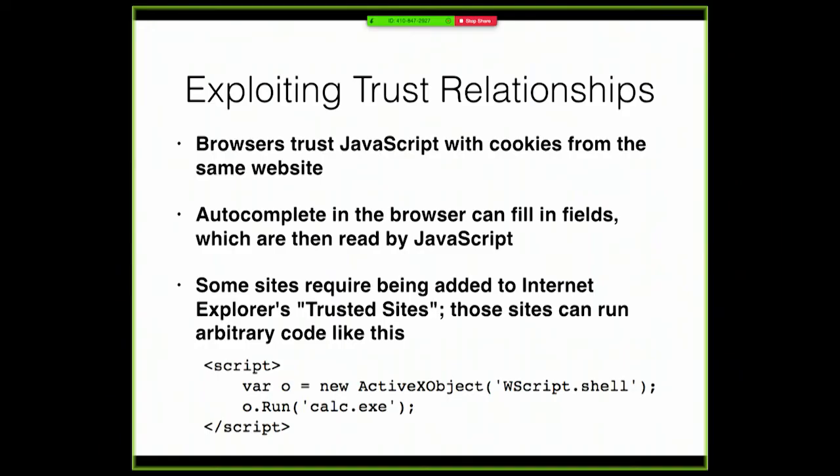Then there's trust relationships. Your browsers already trust anything that appears to come from the same website with all the cookies, unless you restrict their subdomain used. You have autocomplete, which will fill in names and passwords on some sites. And there are trusted sites, and trusted sites can run more code. That was Internet Explorer's security model. So if you can somehow convince it that you're coming from the trusted site domain, then you have more privileges.